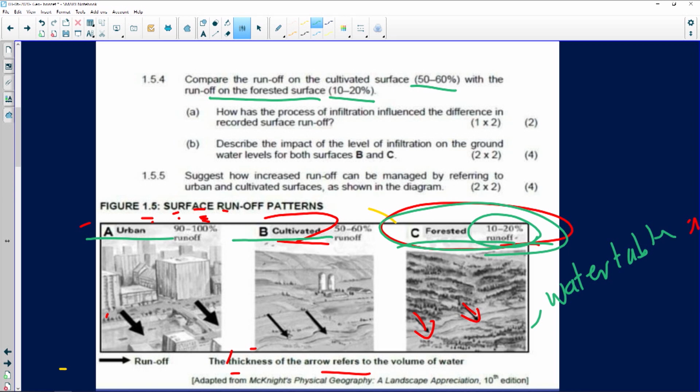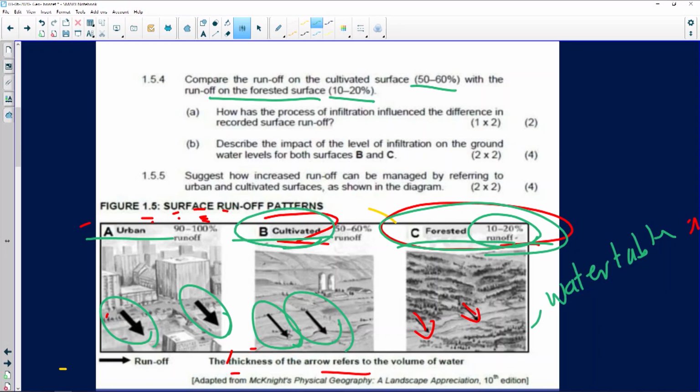Now, if you look at the last question, 1.5.5, suggest how increased runoff can be managed by referring to urban and cultivated surfaces, as shown in the diagram. What can we do to save this water? Urban areas have already done it. We've got stormwater drains, gutter systems.